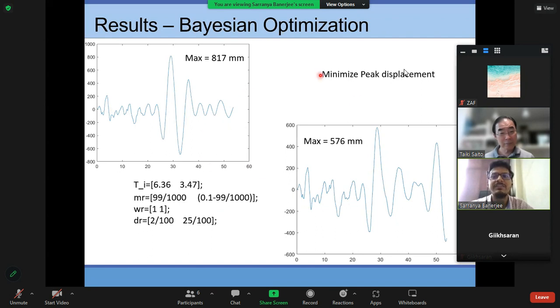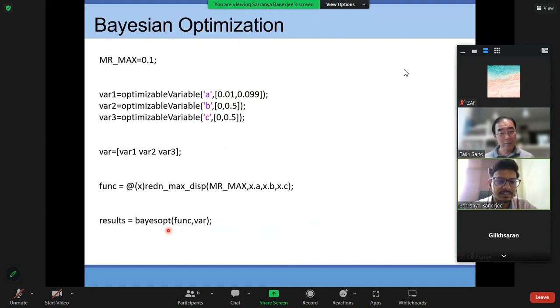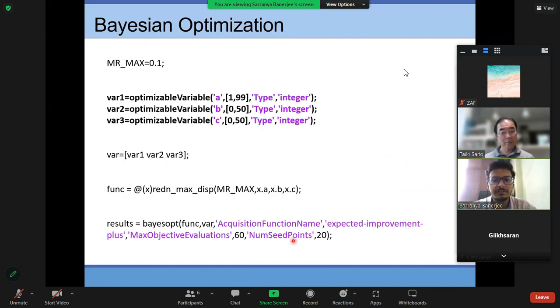So with this, I see that the optimization problem is now working with Bayesian optimization, whatever results I have obtained from this code. So this is the default parameters, and this is the modified. In the default case, we have a maximum of 30 objective evaluations and 10 seed points. But I have also checked with modified, and the results are quite similar using default and modified.